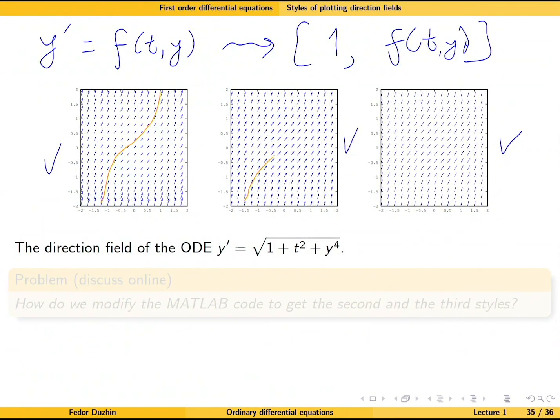So we can do it here, or we can do it here, they're all tangent. The fact that the solutions flow in the direction of the arrows can be visualized using all three ways.